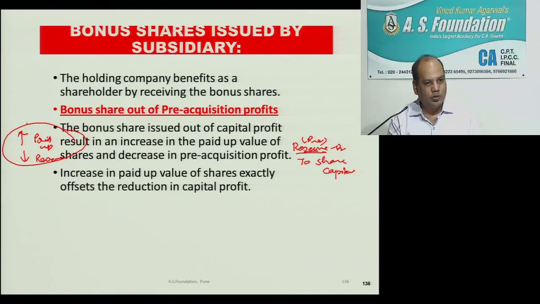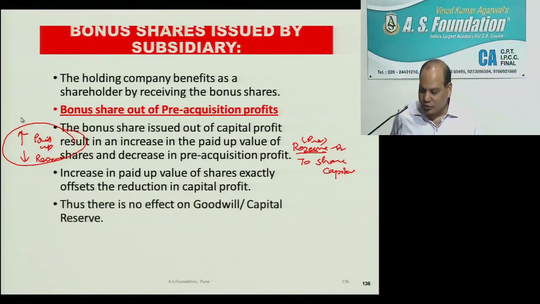From one pocket you move to another pocket. Will you become a rich man? No. Same thing. Increase in paid up value exactly offsets the reduction in capital profit. So there is no effect on goodwill or capital reserve.